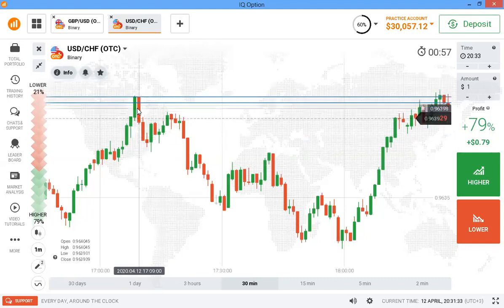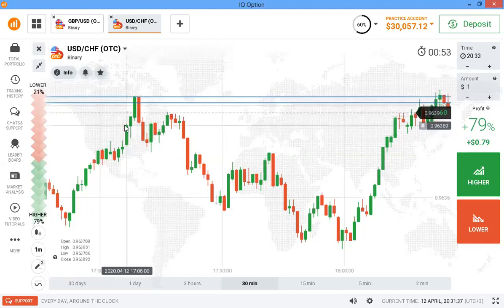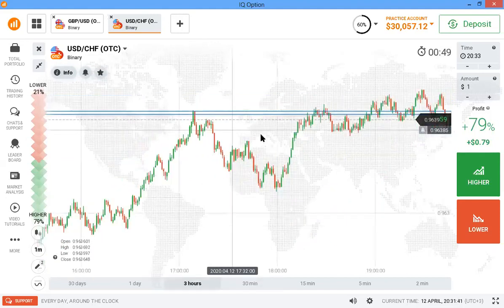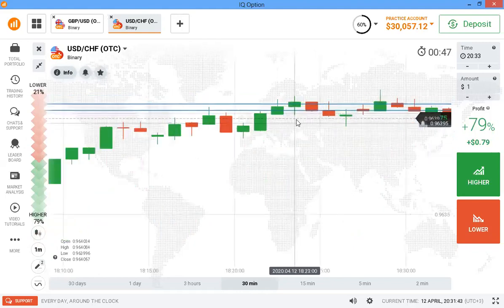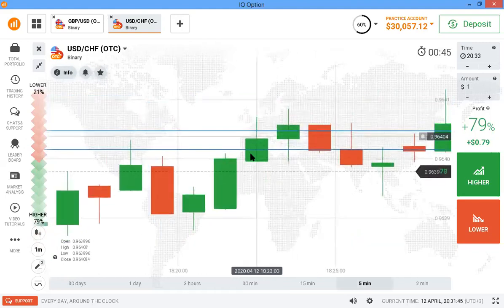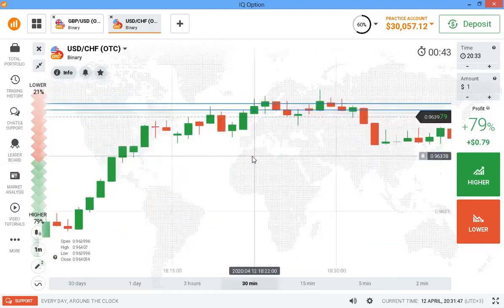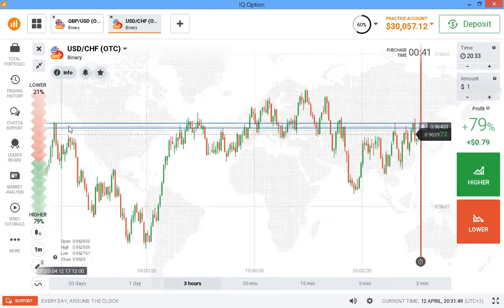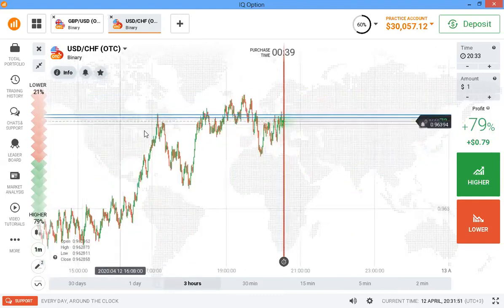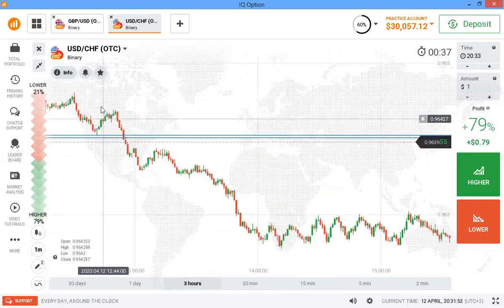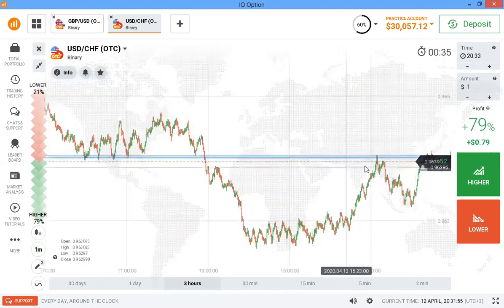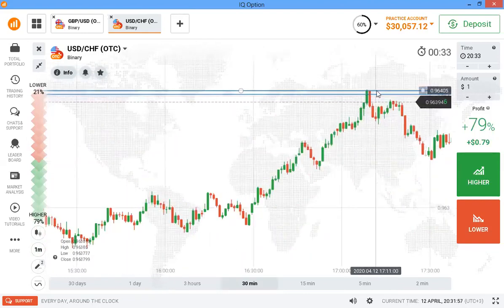I use this strategy mostly on forex because the market will make a drastic movement after crossing the area. You can see here the market reached that area, but it didn't reverse because I told you you should use it as the first attempt. You can see that after this breakout, this is the first attempt on that area.